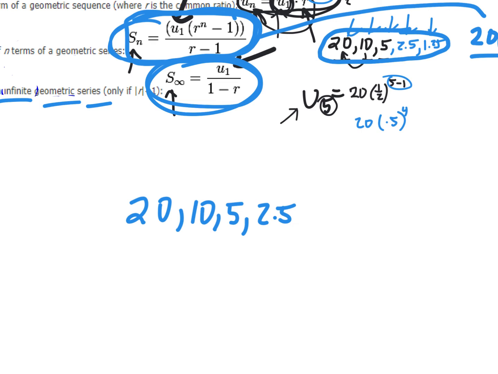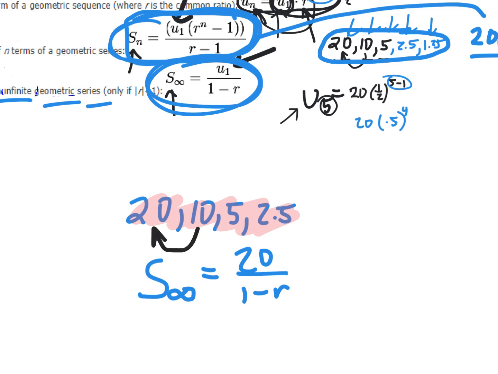All right, so you use this formula, s sub infinity, adding it up to infinity, u sub 1 is 20, over 1 minus r. It doesn't always have to be cutting it in half. Whatever the rate is, which you can always get by taking this divided by this, that goes here.